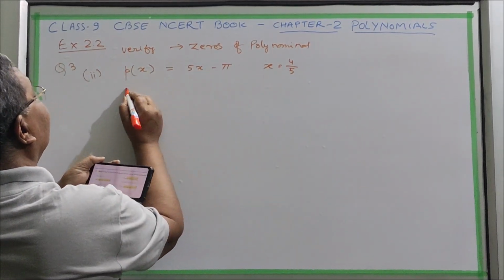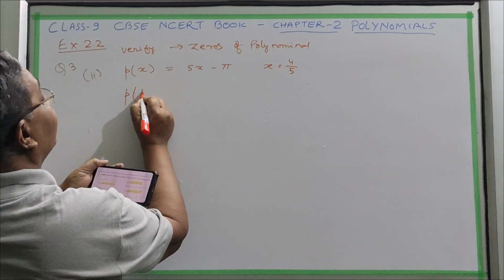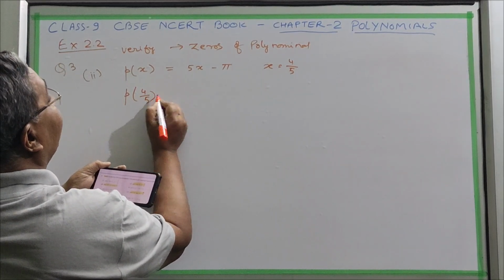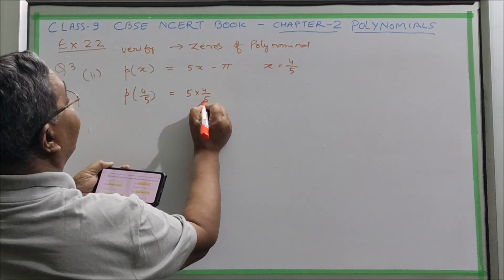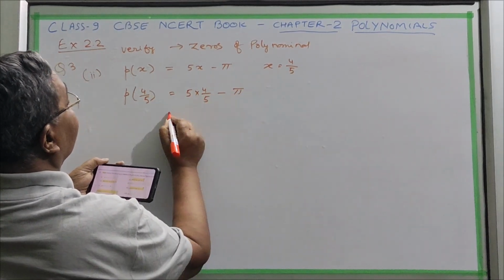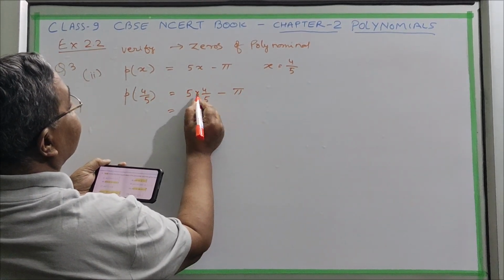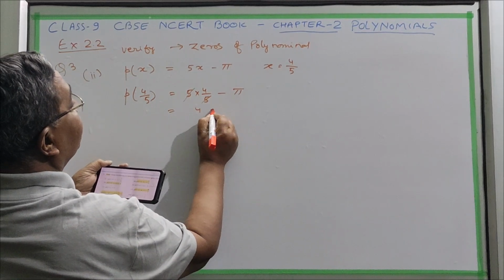So in place of x we will put 4 upon 5. Then 5 into 4 upon 5 minus pi, so it will become 4 minus pi.